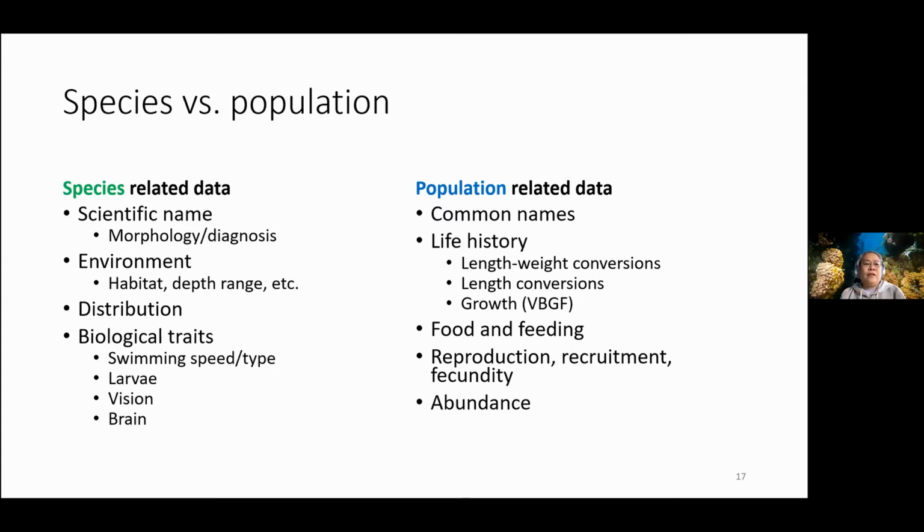Scientific name, environment, distribution, and biological traits are all specific to the species, whereas common names, life history, food and feeding, reproduction, and abundance are all related to different populations of that species. And most of the time, this is what you will be using for building your Ecopath models. That's the population-related information.